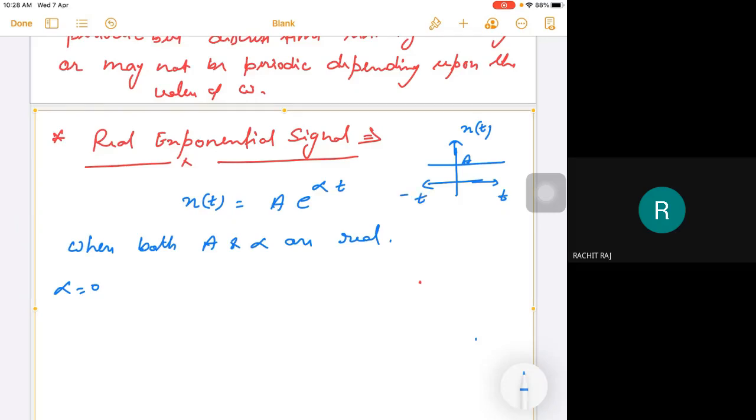So for alpha equal to 0, the signal will be constant amplitude for all values of t.